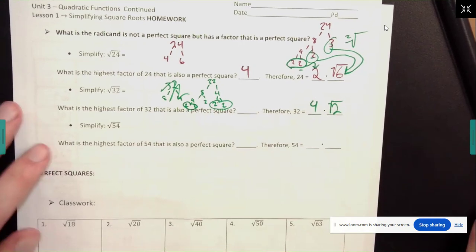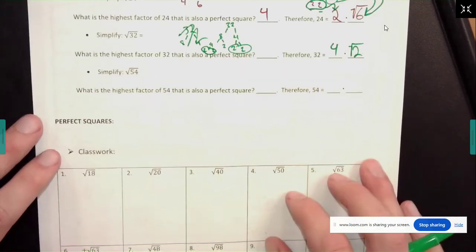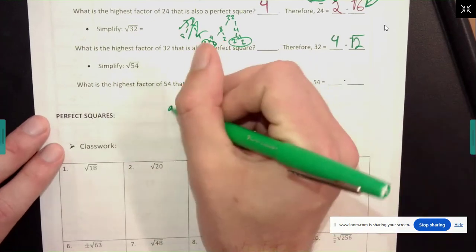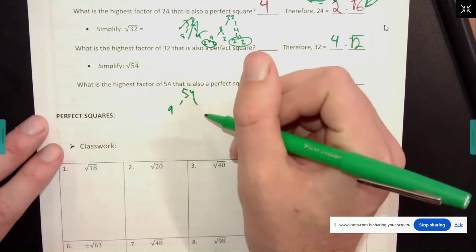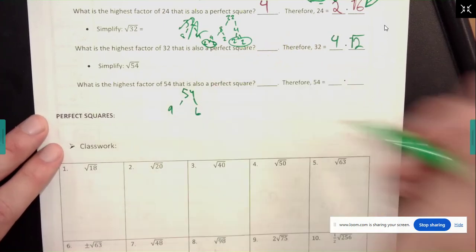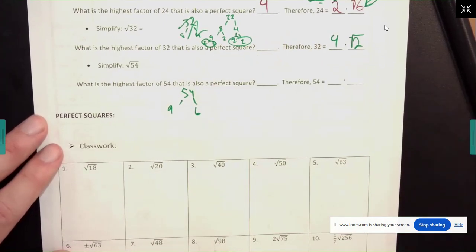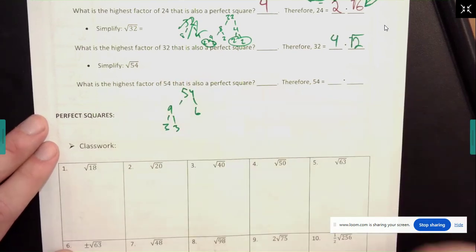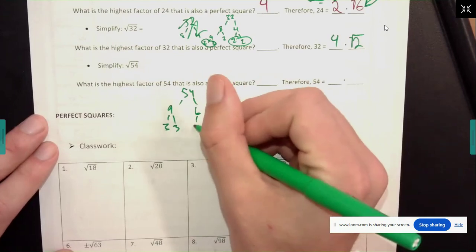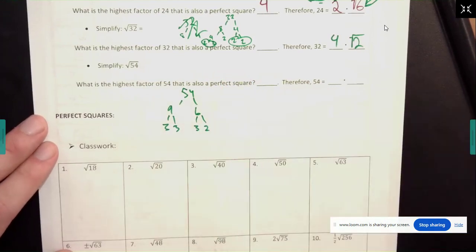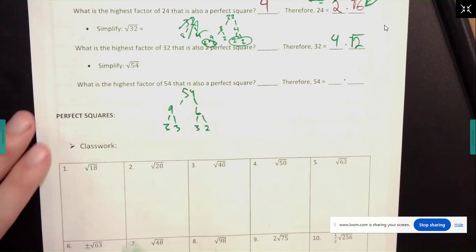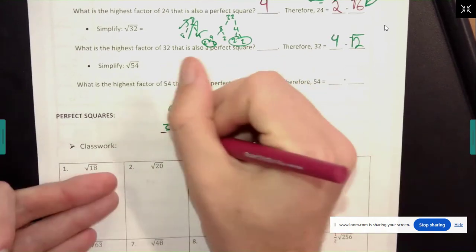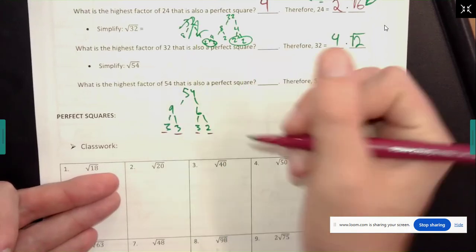I have a little extra room for 54. So 54, I have 9 and 6. Cool. Well, I can break this 9 down: 3 times 3 gives me 9. And 6 has 3 times 2. Well, I have a 3, another 3, and a 2.